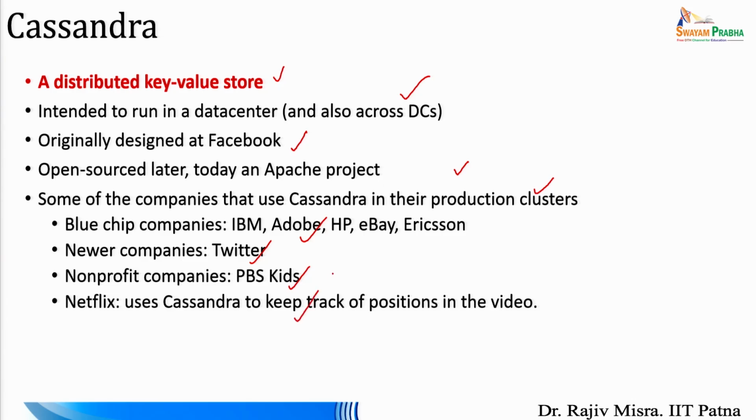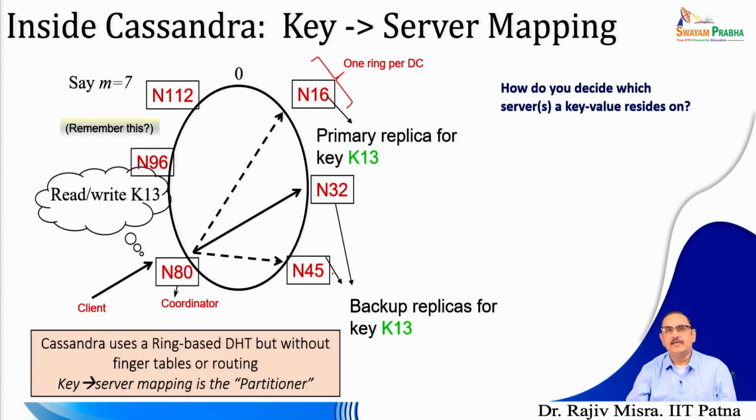Therefore, you can see that most internet applications are using Cassandra, a distributed key value store, and it runs inside the data center, whether it is an edge data center or a cloud data center.